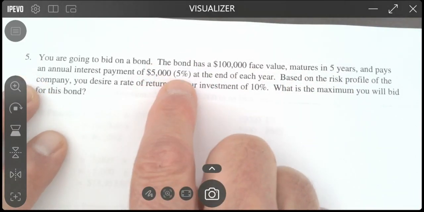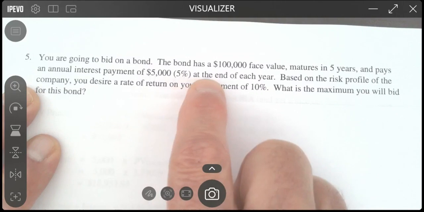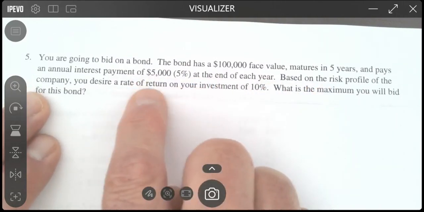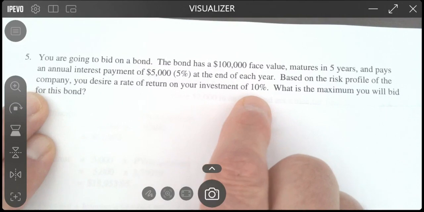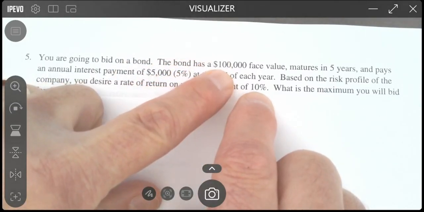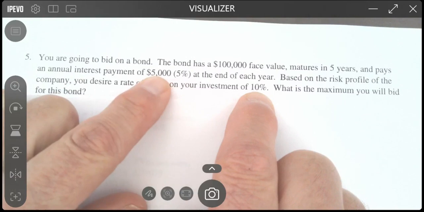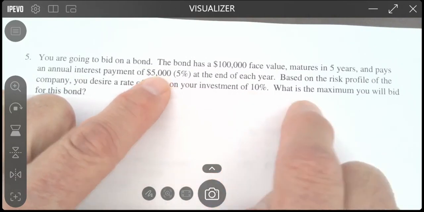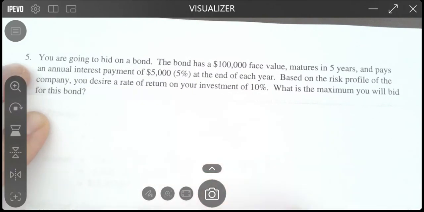So it's yielding 5% interest at the end of each year. Based on the risk profile of the company, though, you desire a rate of return of your investment of 10%. In other words, we're not going to pay quite $100,000 for this because it's not yielding enough interest to compensate us for our risk. What's the maximum amount you will bid for the bond?